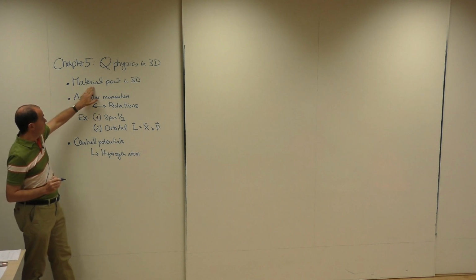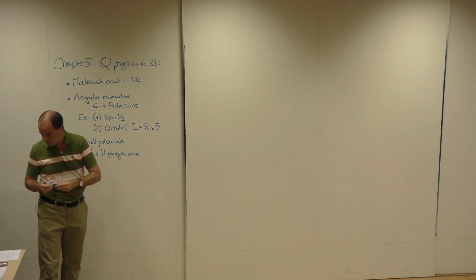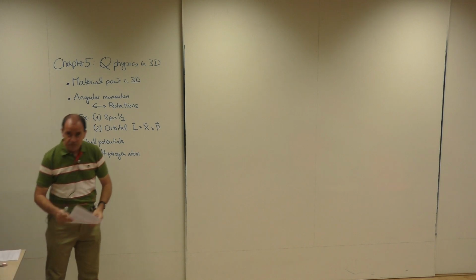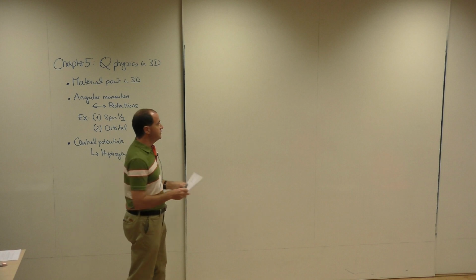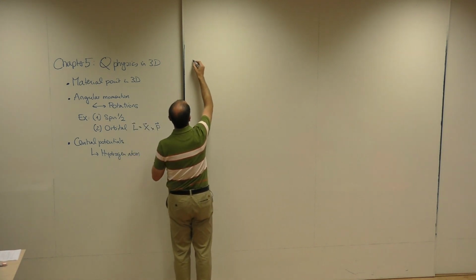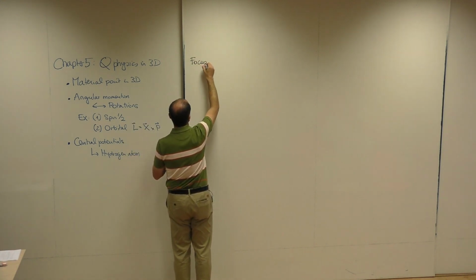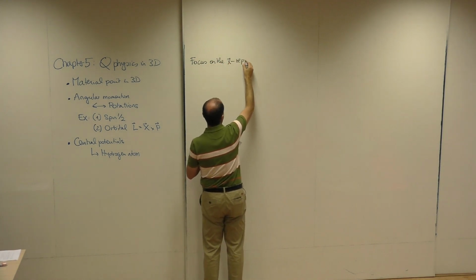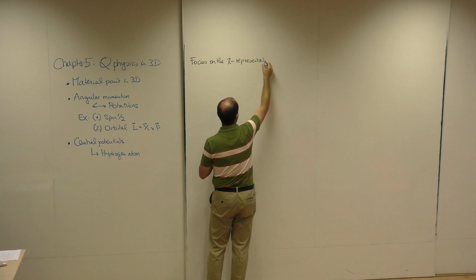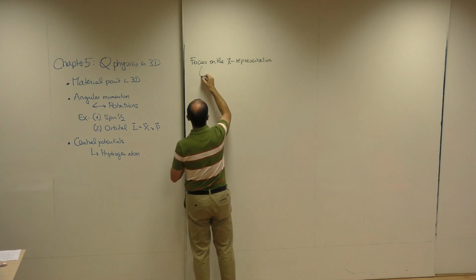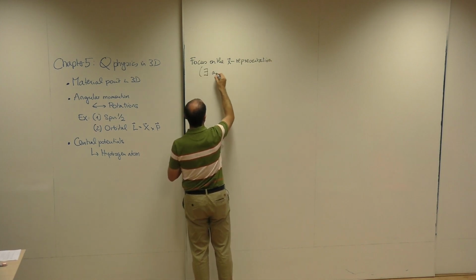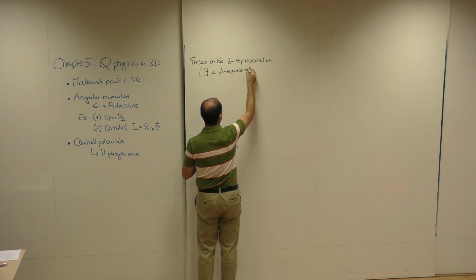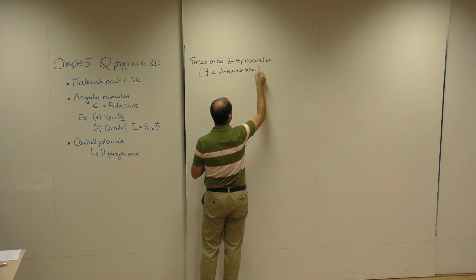Now we are going to start with the material point in 3D. Well, I'm going to focus on the x representation. Of course, as usual, there is a p representation and so on, right?